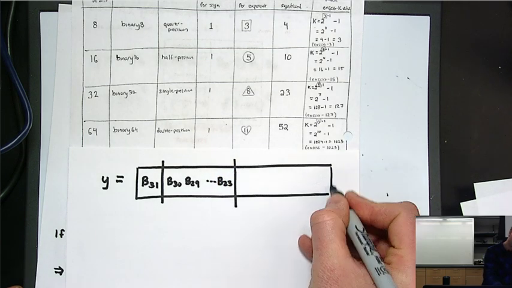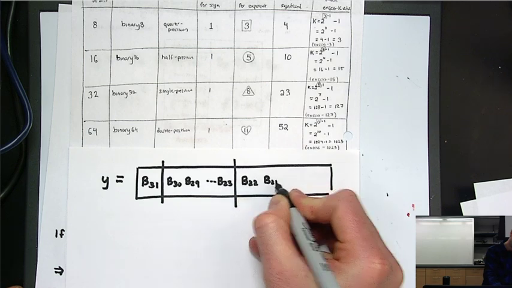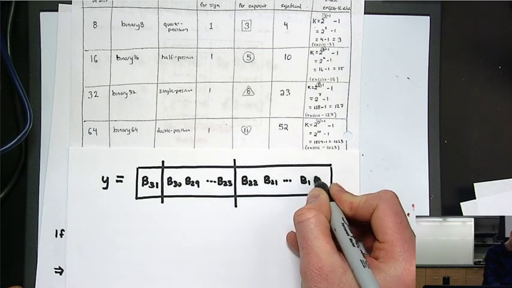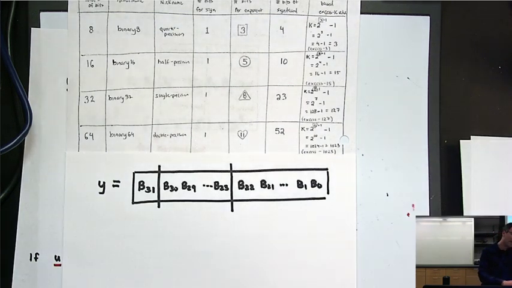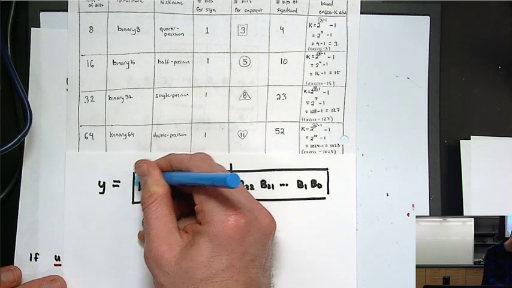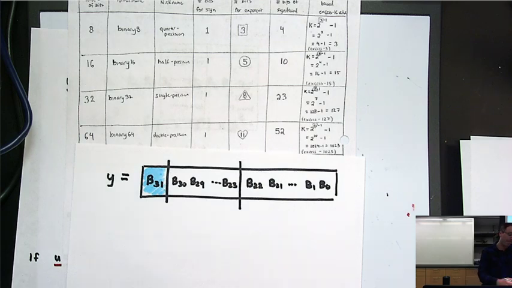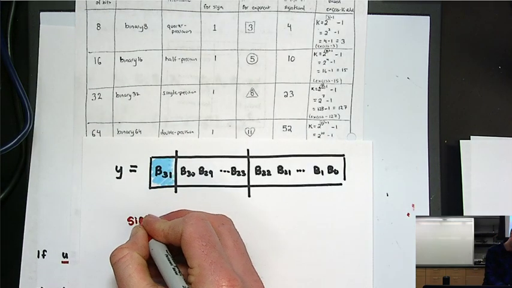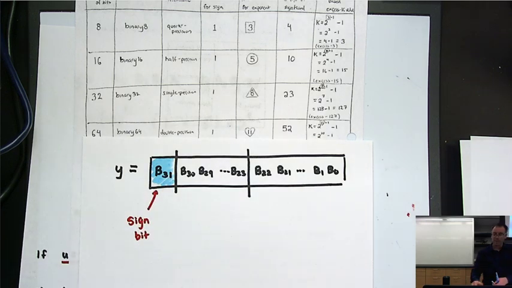Okay, what about these ones? Leading thing here, what's that called? Sign bit. Okay.